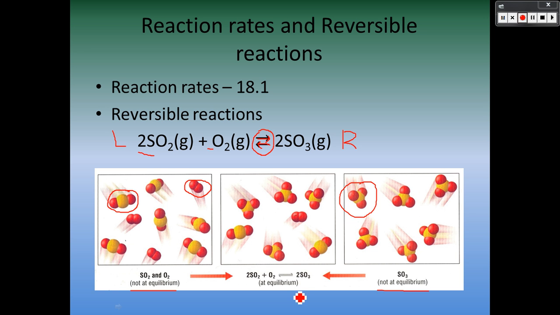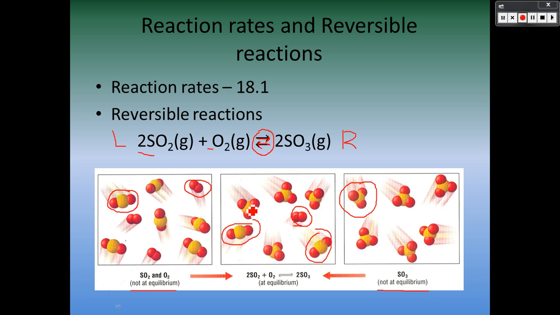But when this reaction is at equilibrium, there are some SO2s. So here are my SO2s. There are some O2s, and notice those SO2s are in the same ratio to the O2s as they were over here, so it's still a 2-to-1 ratio, and then some SO3s.